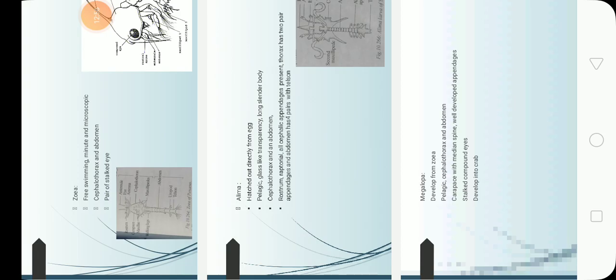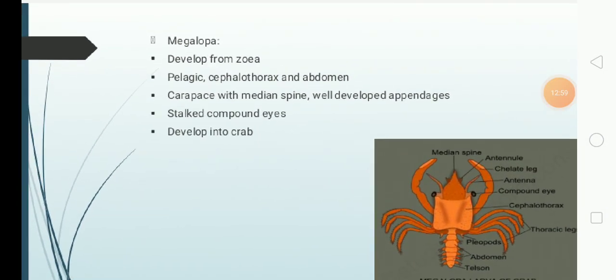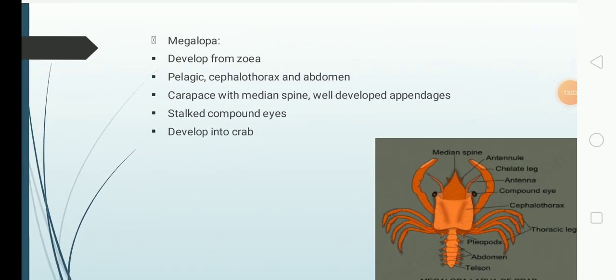The next after Elyma larva is the Megalopa larva. Megalopa larva is a larval form of the crab, and it develops from the zoea larva. It is pelagic, and the body is divisible into cephalothorax and abdomen.